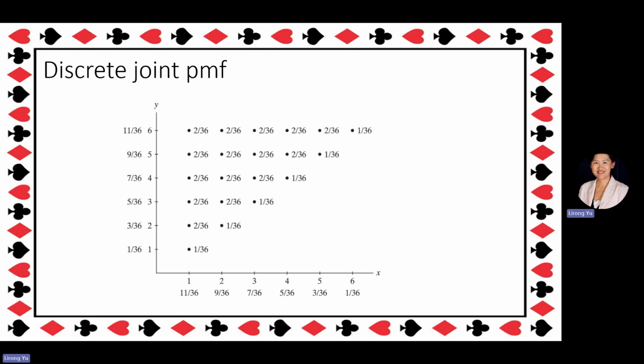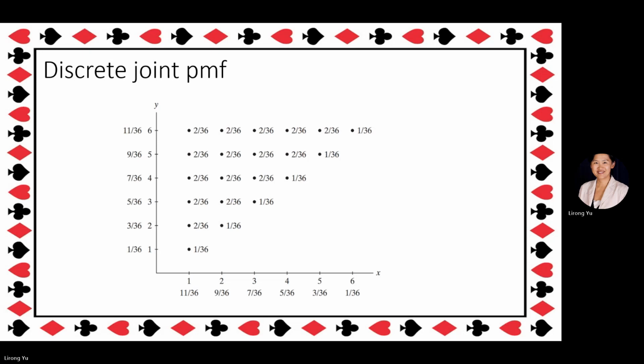Probability x equals 3 is 7/36. Probability x equals 4 is 5/36. And probability x equals 5 is 3/36. So adding up the entire column gives us the probability for x equal to any number from 1 to 6. Adding up the row gives us the probability for y equal to each of these values.